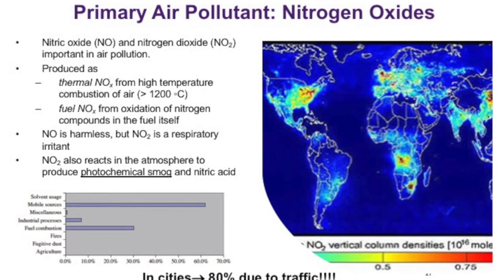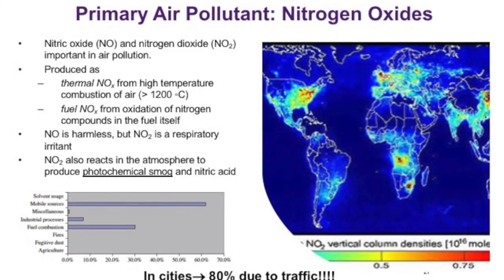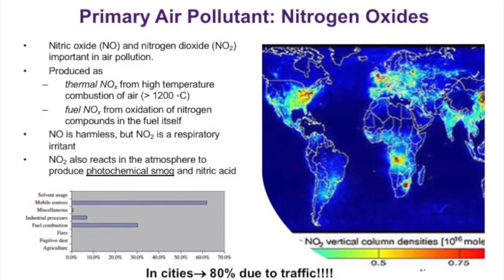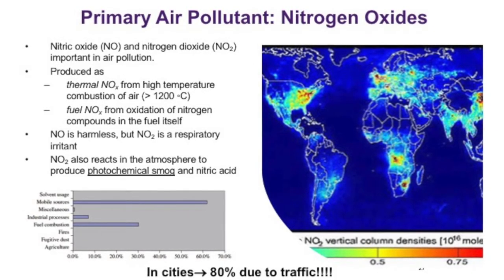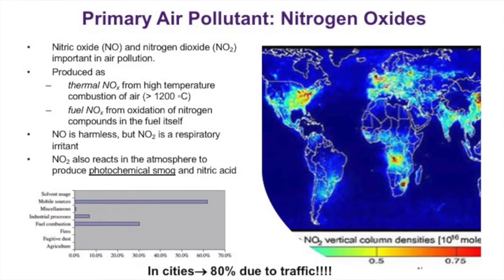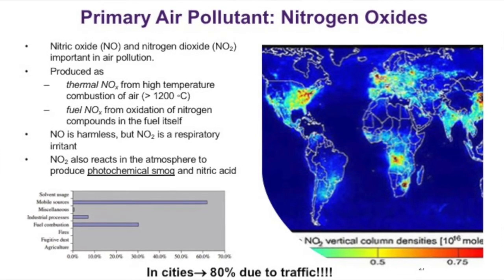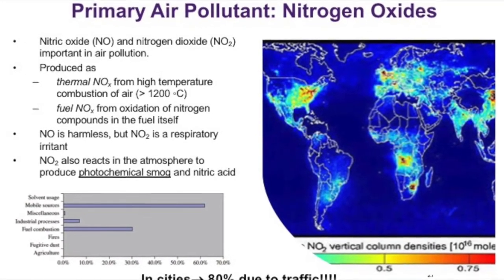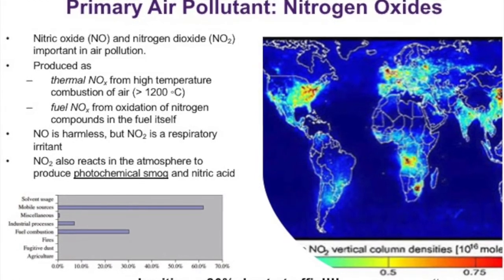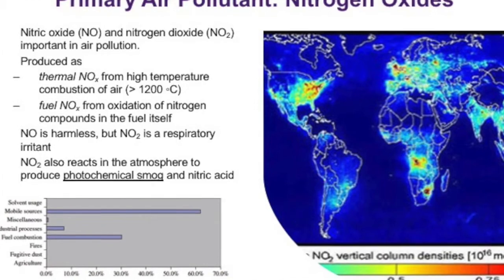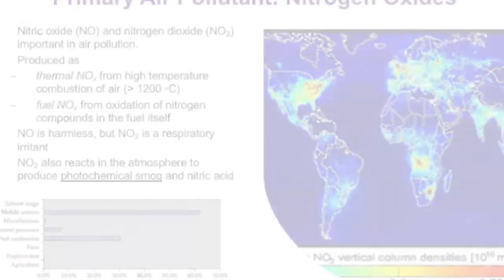Motor vehicles are the major sources of nitrogen oxides, and also electrical power generation plants. Around 80% of the nitrogen dioxide in cities comes from motor vehicles. The problem with the generation of NOx is that it reacts in the atmosphere and produces photochemical smoke, and it can also produce nitric acid, which is another form of acid rain.